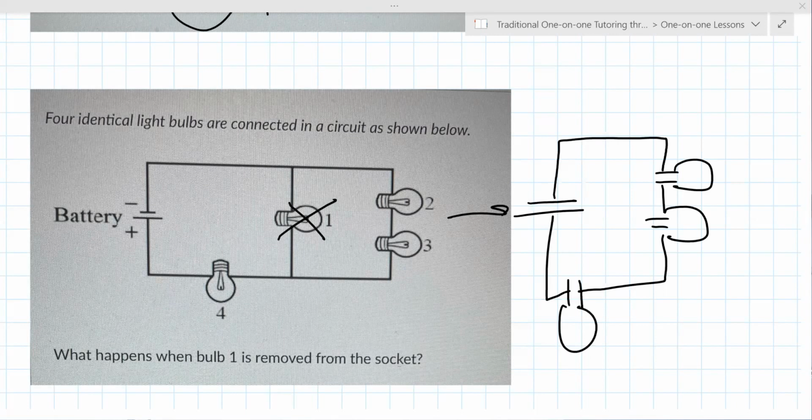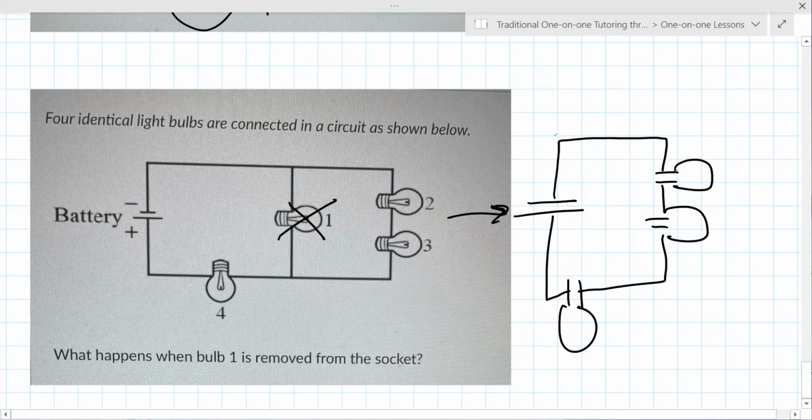So we said before that 4 was the brightest, that these were less bright. And if you can visualize it being like this circuit on the right here, the current flow is the same through all of them, which means that the brightness will be the same.